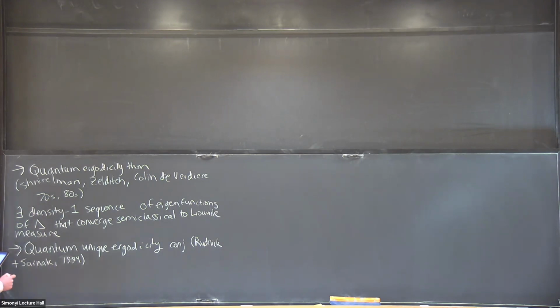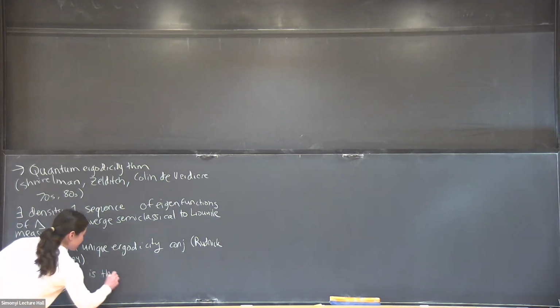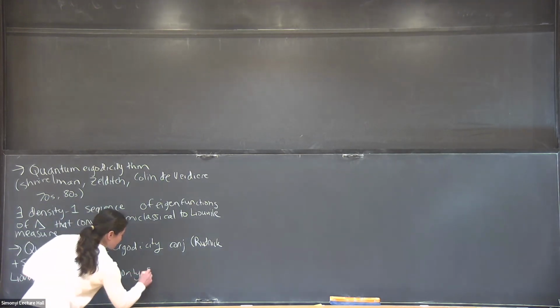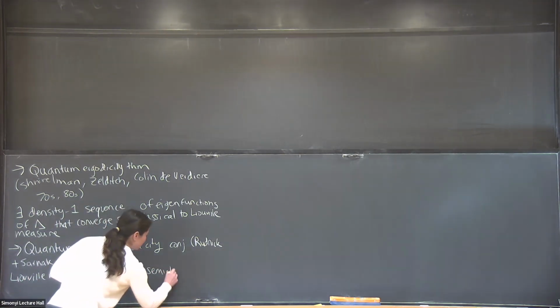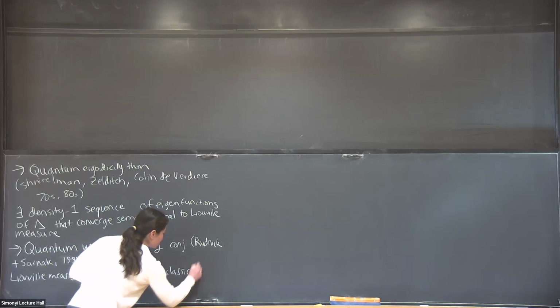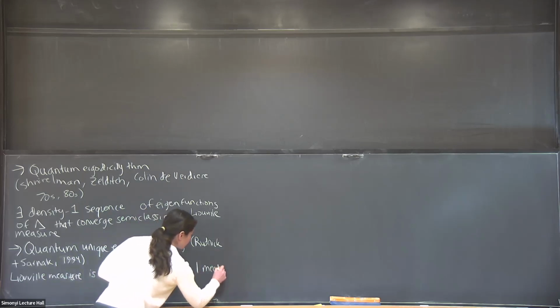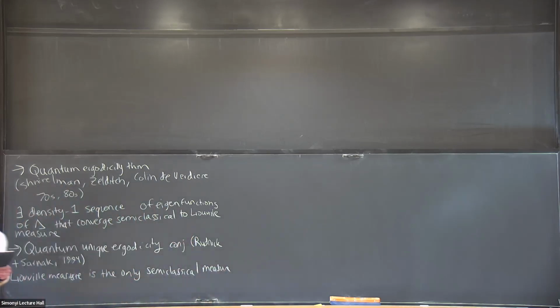And they conjectured that actually the Liouville measure is the only semi-classical measure. So intuitively speaking, any sequence of eigenfunctions would equidistribute in the semi-classical limit.